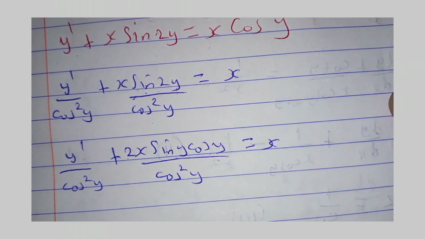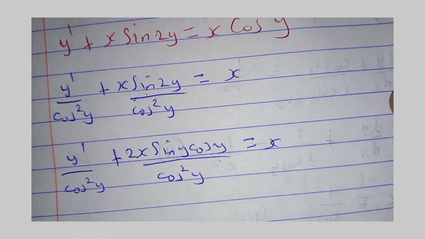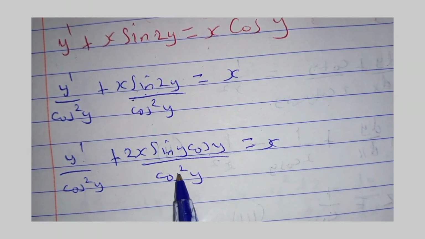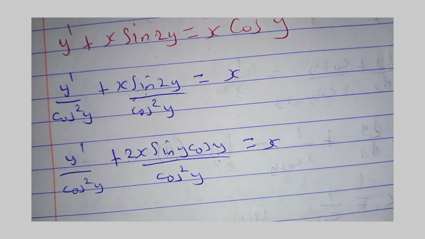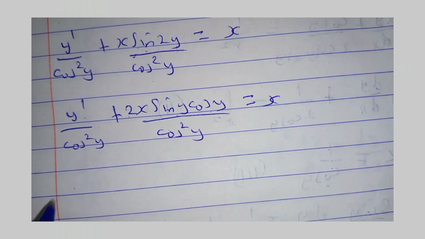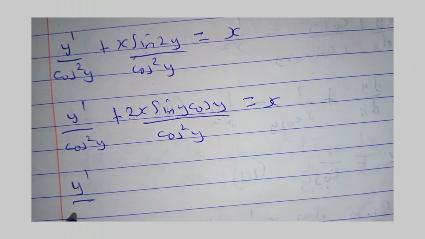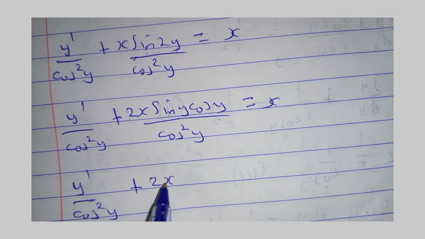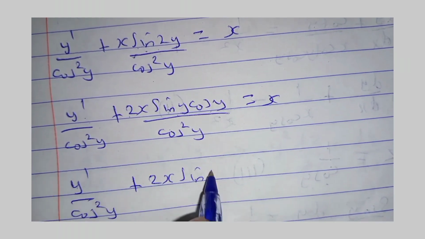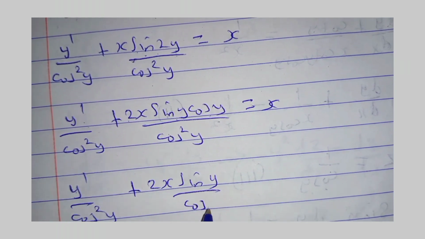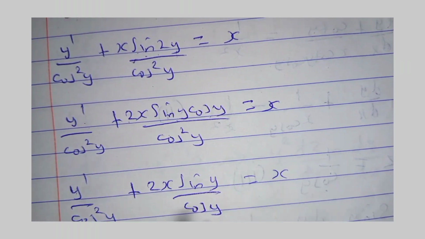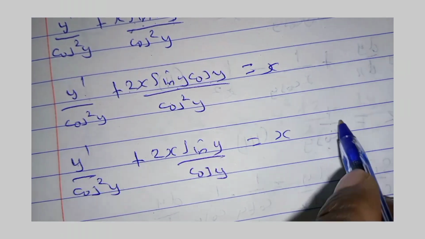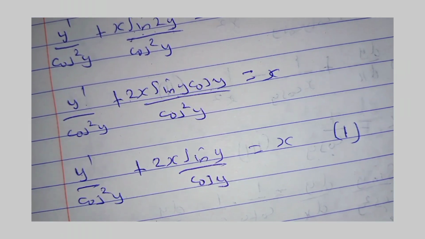So that is how I have written it. Then at this level, you can see one of the cos will cancel and we will have the following. Y prime over cos squared y plus 2x sine of y divided by cos of y, which is equal to x. So you can name this as equation 1.